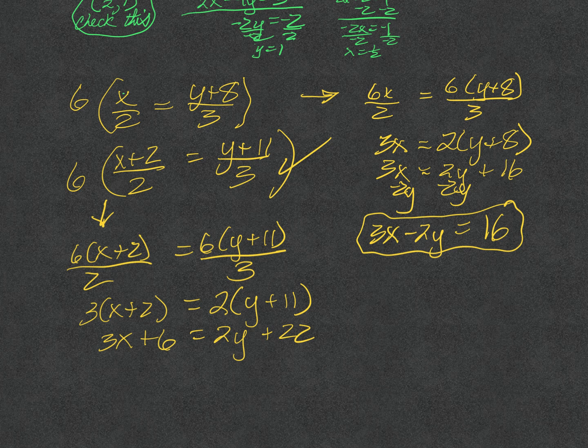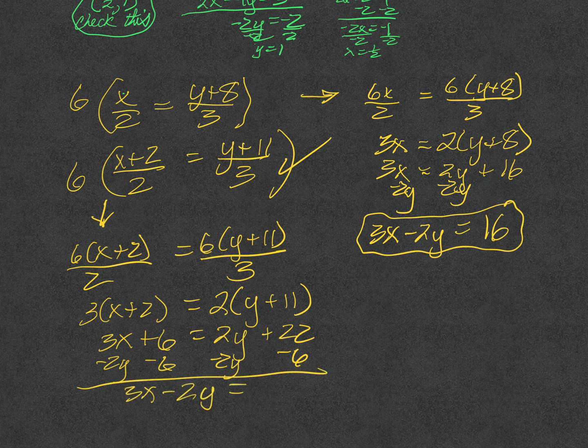All right. And so then we want to subtract 6 from both sides, and then subtract 2y from both sides. And so we end up with 3x minus 2y equals 16. And there is the second equation.